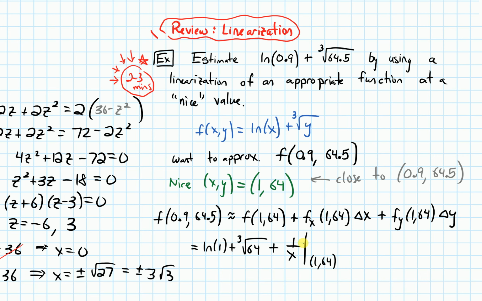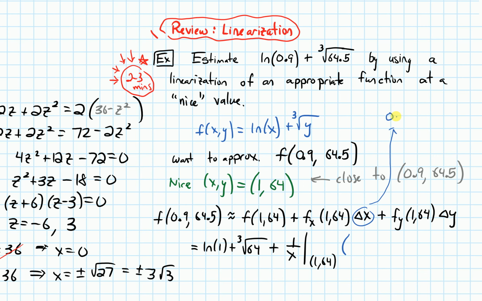This vertical line is notation to indicate that I need to plug this point into my function. Multiply that by the change in x, which is how much x changes from 1 to 0.9.